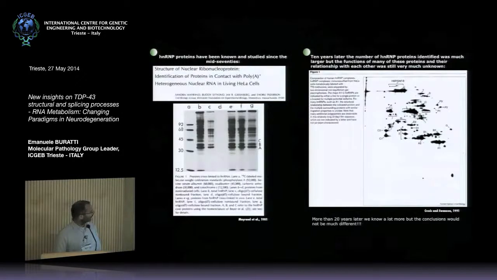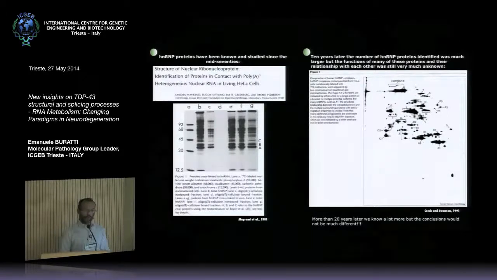Already in the early 80s, people were aware that there was a huge number of proteins associated with heterogeneous RNA.